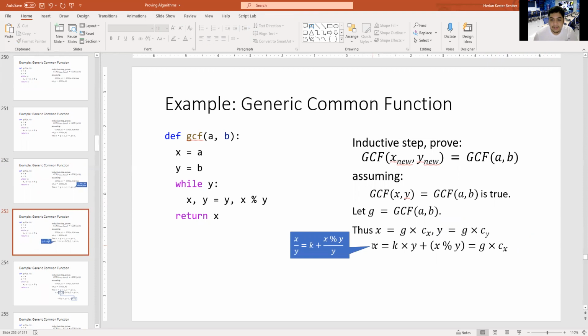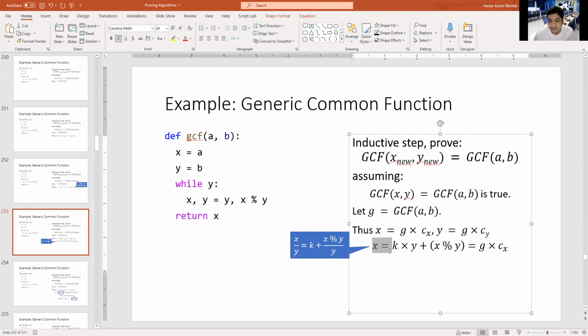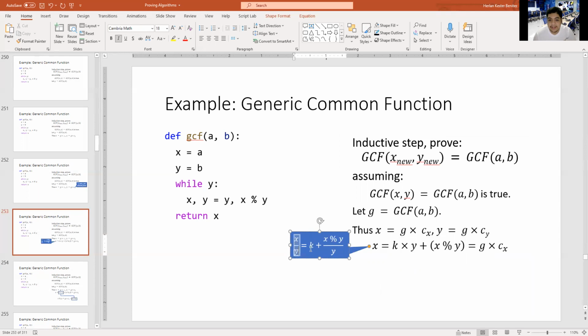Next, we say that x is equal to k times y plus x modulo y. So bakit? So pag dinivide ko si x with y, yung result niya will be some whole number na integer and yung remainder, which is x modulo y, tama? Divided by y.